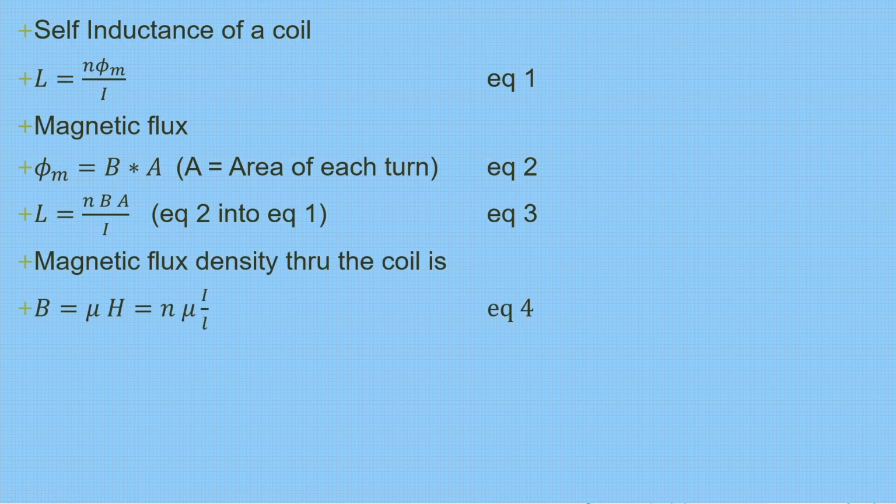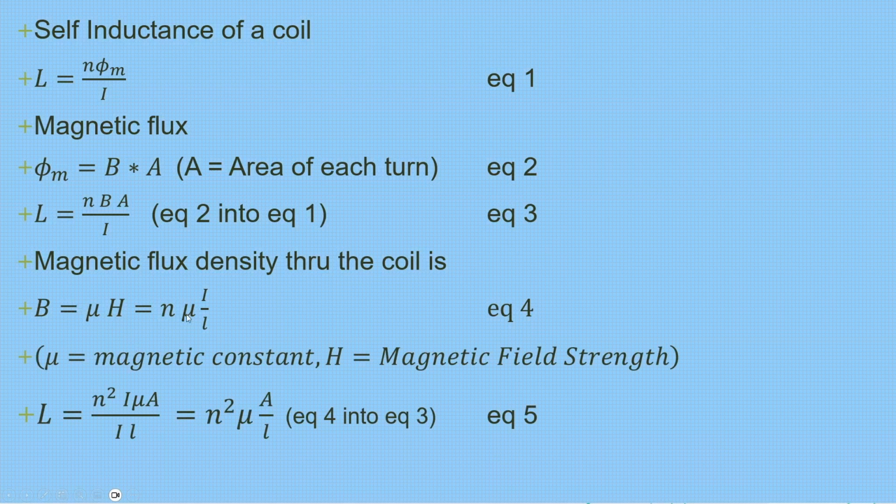If we assume a uniform magnetic field density, then the magnetic flux density through a coil is equal to mu times H, or number of turns times mu multiplied by the current divided by the length.